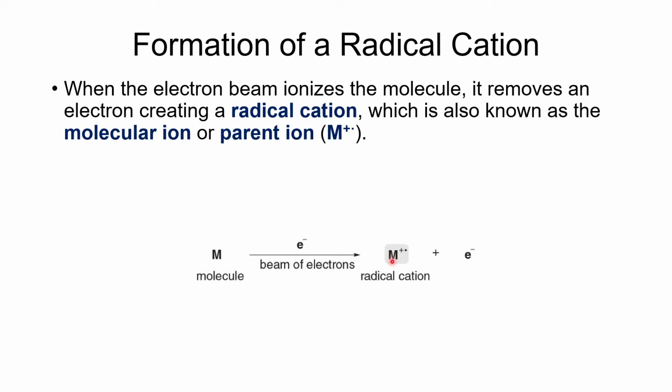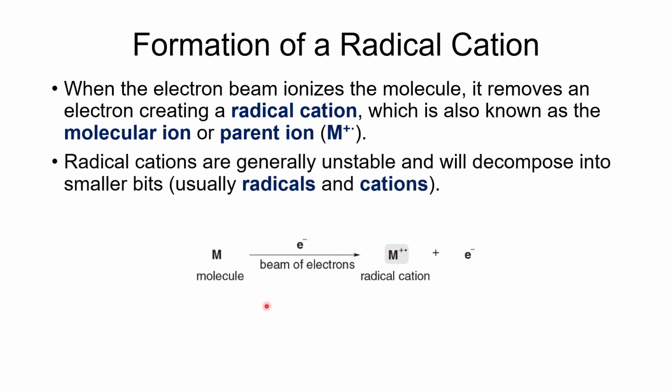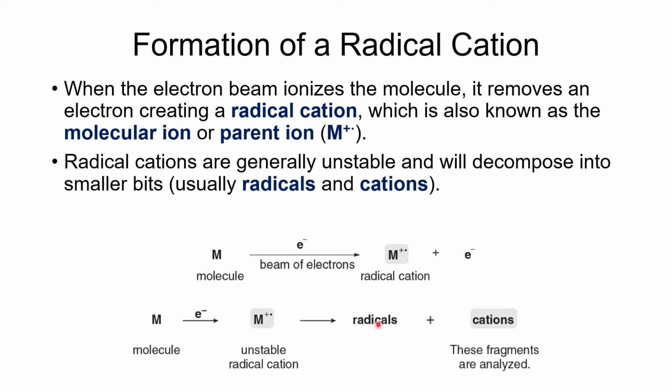Again, sometimes we can observe that radical cation with our mass spec, but sometimes that radical cation will break down into other particles, which include radicals and cations. And typically, the particles we see the most in the mass spec are the cations. The radicals by themselves, we cannot observe in the mass spec. It has to have a charge in order to work in a mass spectrometer. And I'll show you why.